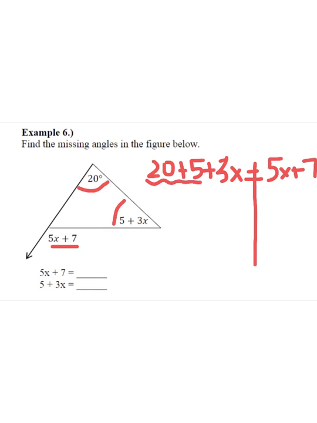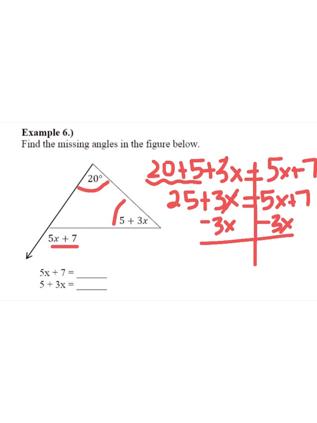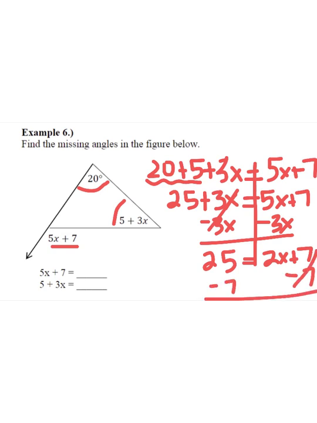Combine your like terms, we'll get 25 plus 3x equals 5x plus 7. Subtract 3x from both sides and get 25 equals 2x plus 7. Subtract 7 from both sides and get 18 equals 2x, and then divide by 2. 18 divided by 2 is 9.